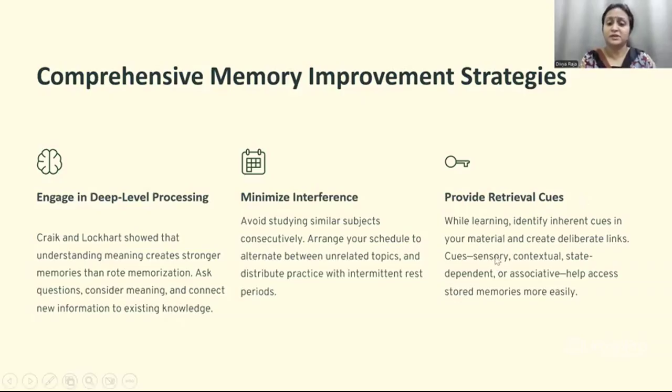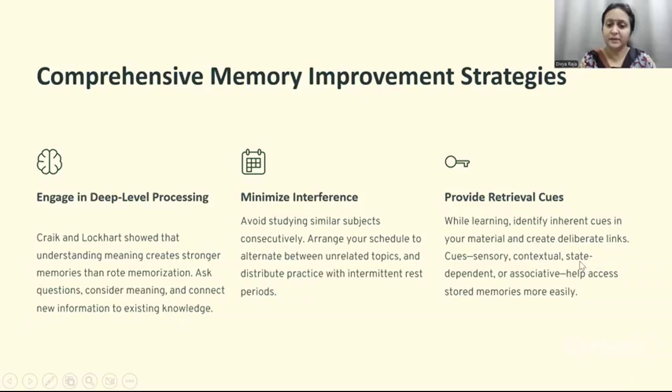How to use sensory cues, all the information that is coming from our senses, how can that help in learning information from our book? Then there can be contextual cues, where the place in which we study makes a difference in recalling whatever we have learned.